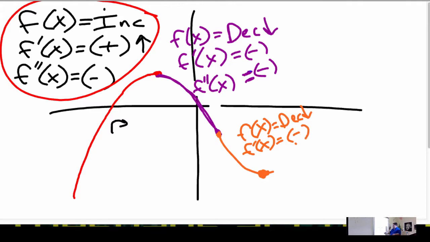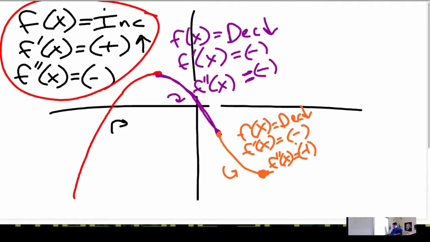But now it looks like it's curling up, which means that f double prime is positive. So if I come back, here it's still curling down, here it's curling up.